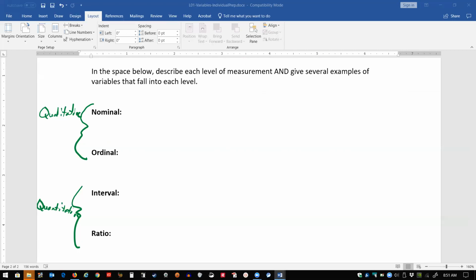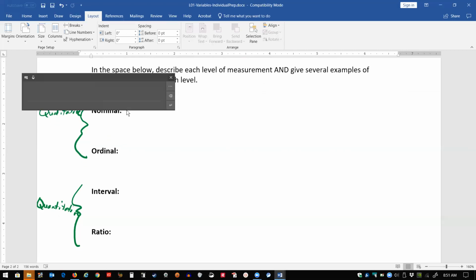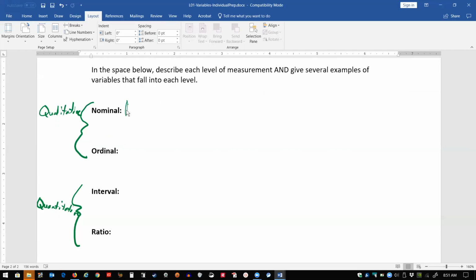Specifically, nominal data is names, categories, or labels, and for those labels there is no implied ordering.